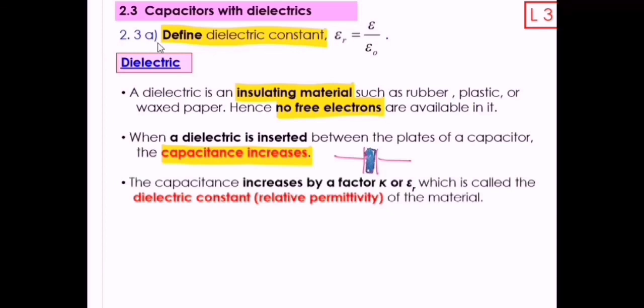The capacitance increases by a factor of K, or epsilon r, which is called the dielectric constant or relative permittivity of the material.